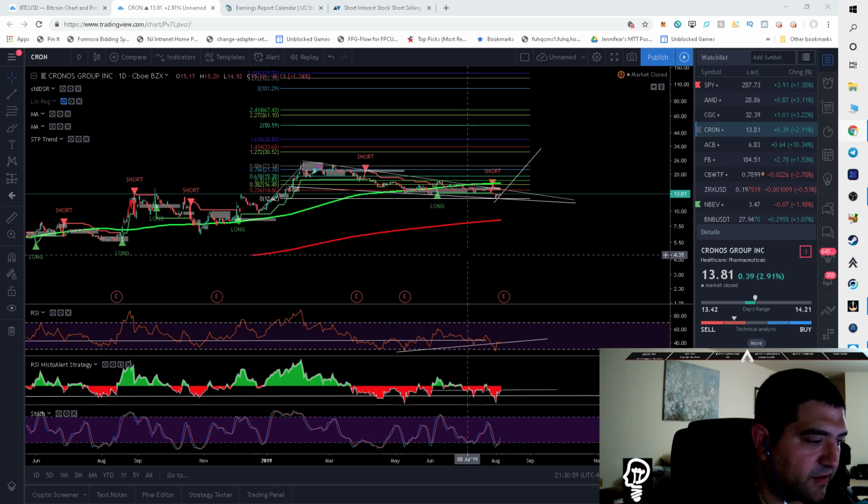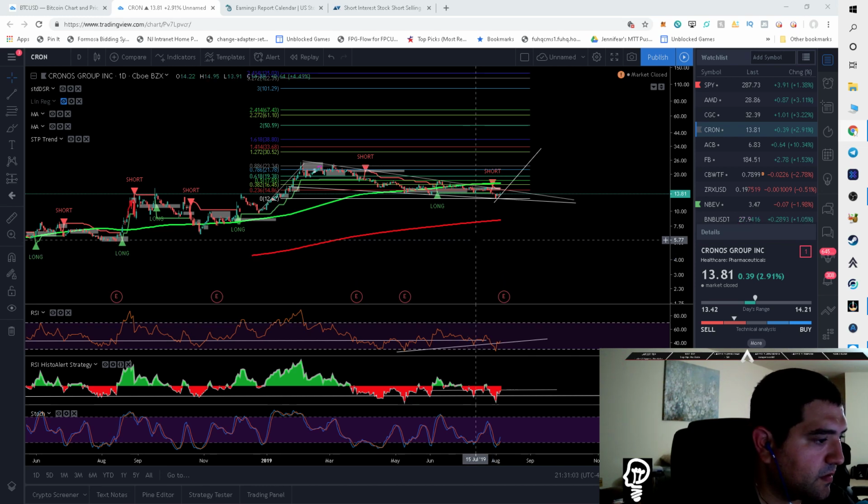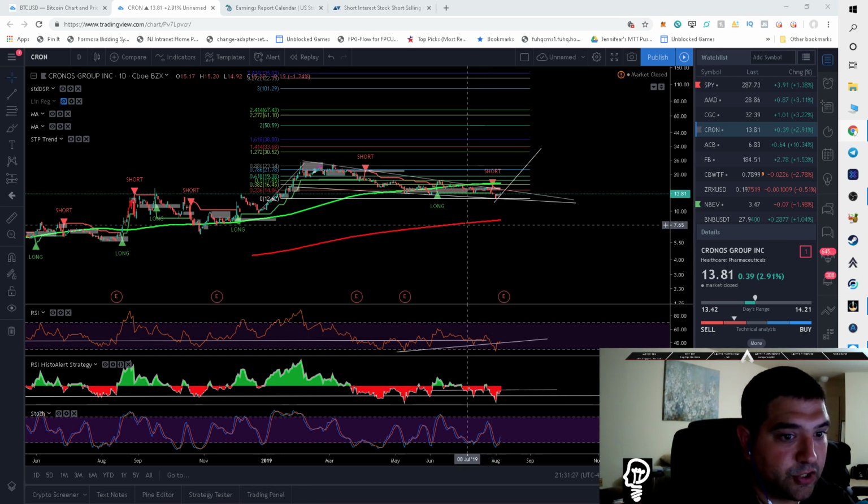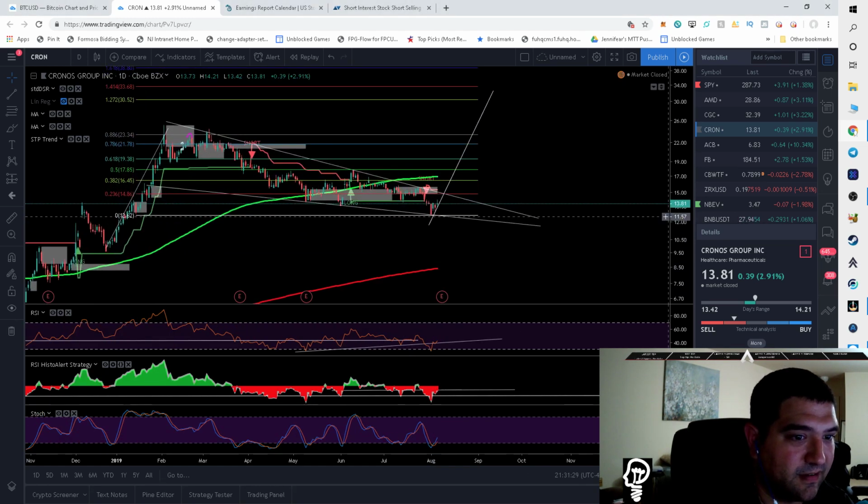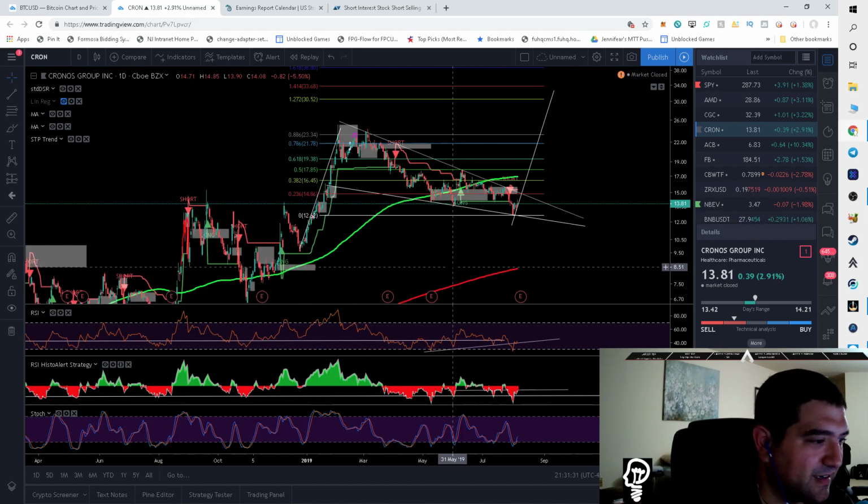So, yeah, I mean, obviously, it sounds to me that mostly people are long here. Looks like a squeeze coming, yeah. So a short squeeze coming then. A short squeeze.